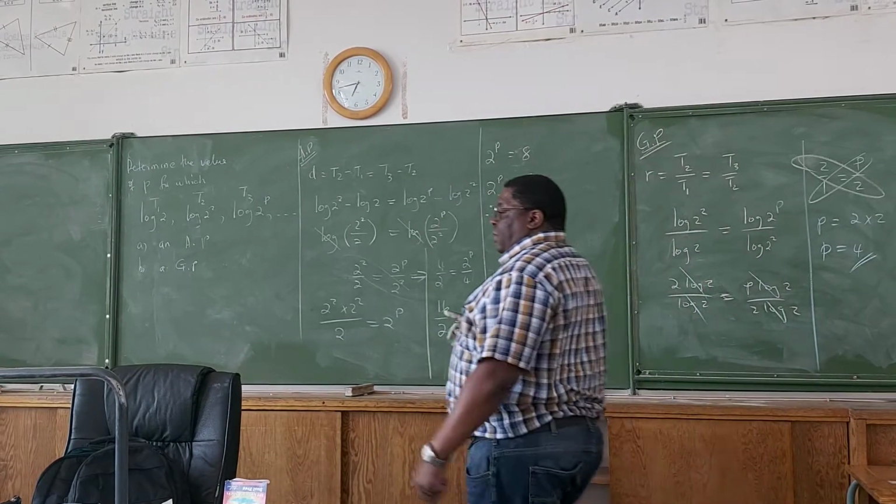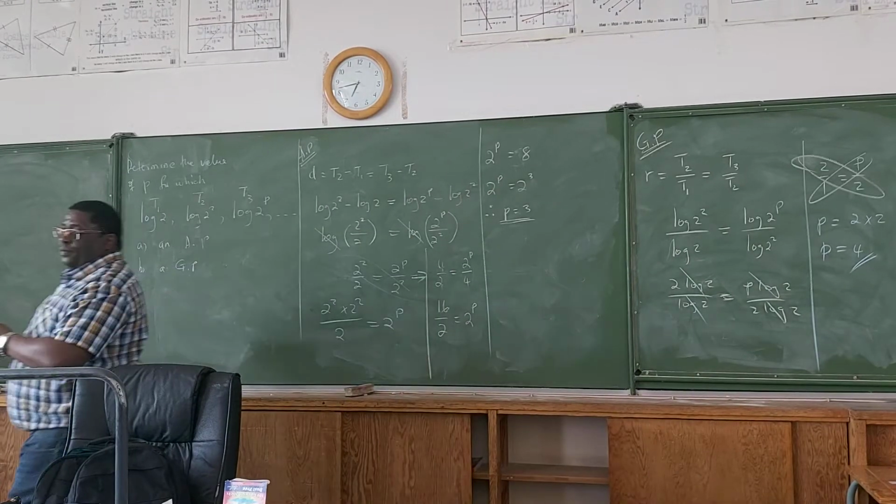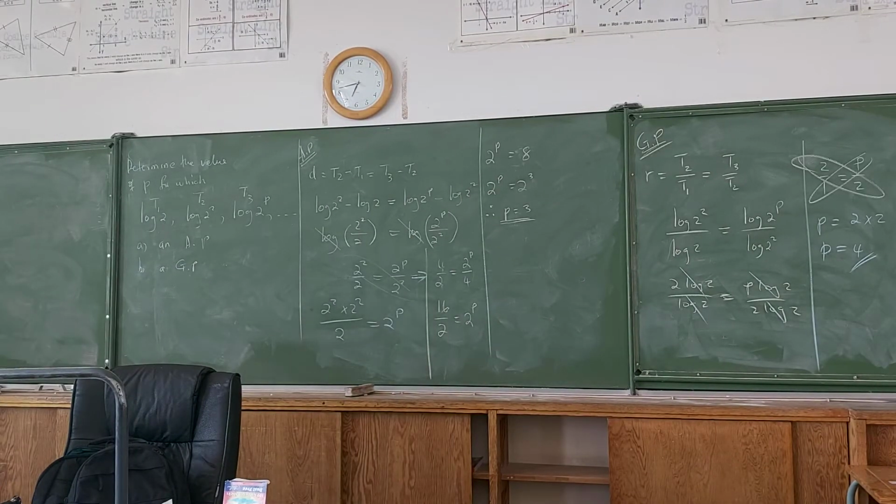Alright. Now you're going to go all the way to page 48, please. We are going to look at question 9, question 11, question 12. And your job is question 10.